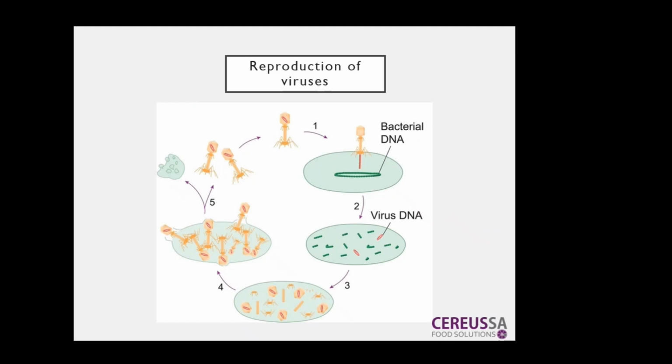It then forces the bacteria cell to produce virus genetic material, and eventually the cell will burst and release more viruses to the environment. In that way, the virus basically hijacked the bacteria cell and used it for its own advantage and its own reproduction.